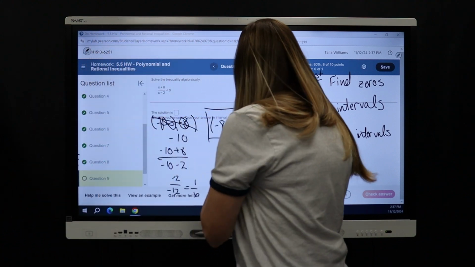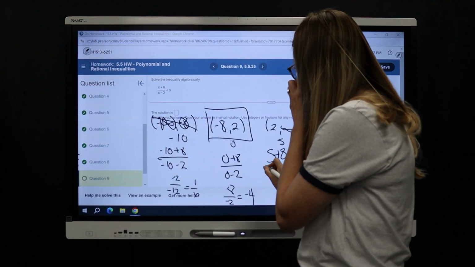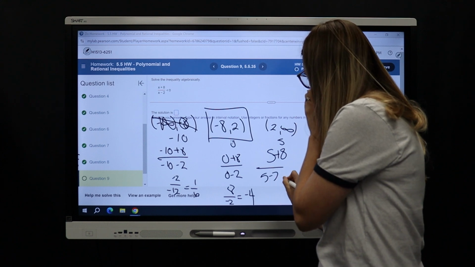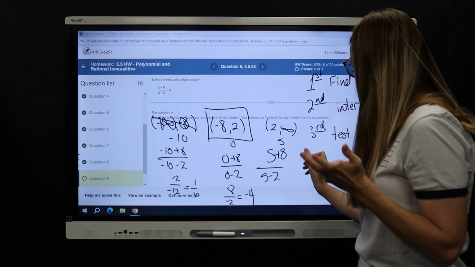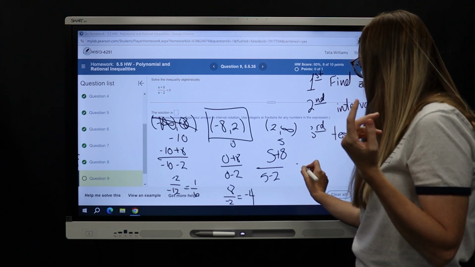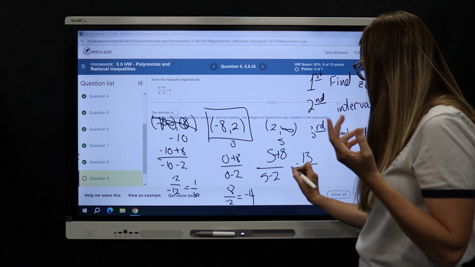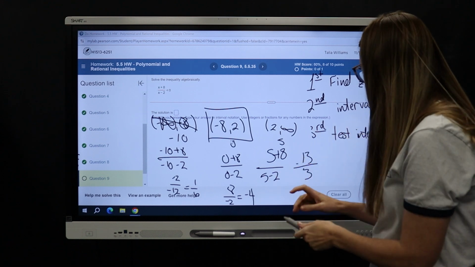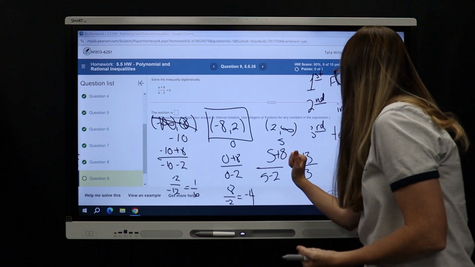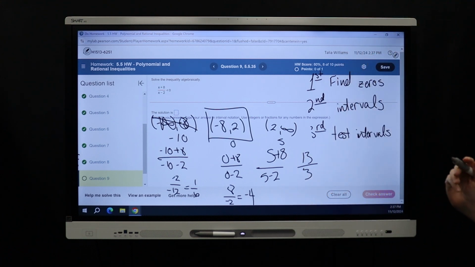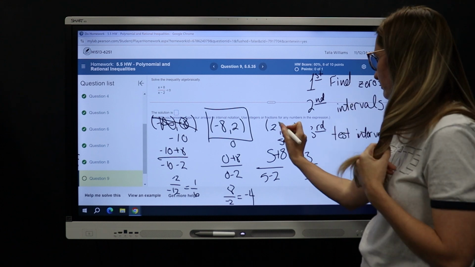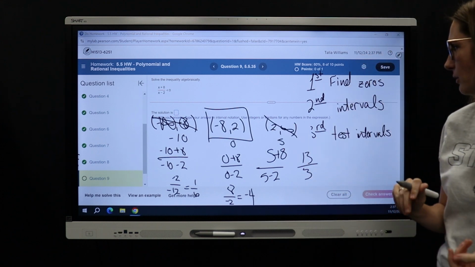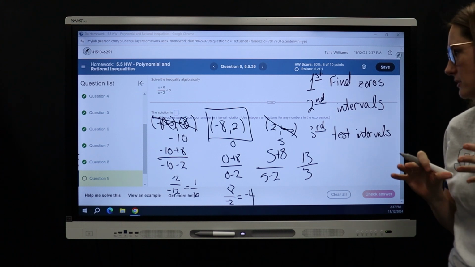But 5 plus 8 over 5 minus 2, that's 13 over 3, which is positive. Is that less than 0? No. So our only answer is that -8 to 2.